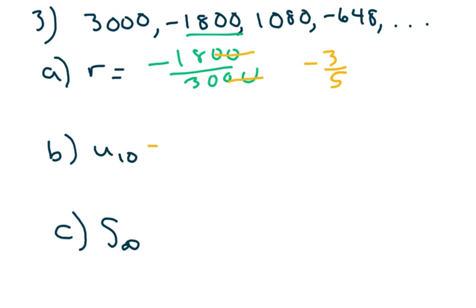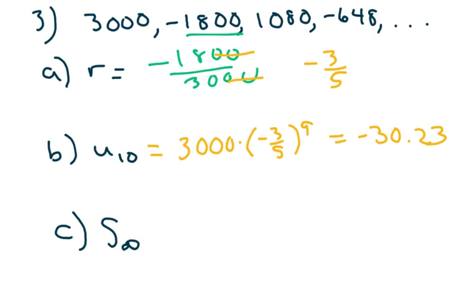I want to find u of 10, so that would be 3,000 times negative 3/5 to the 9th, and when you do that, it gives you negative 30.23.